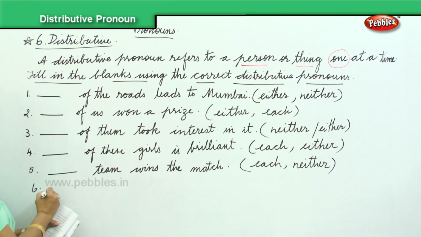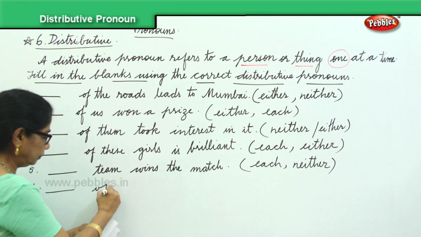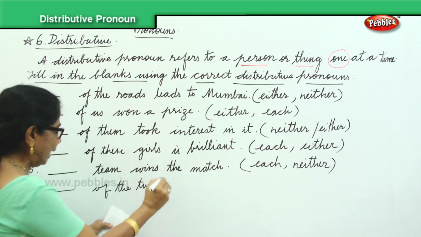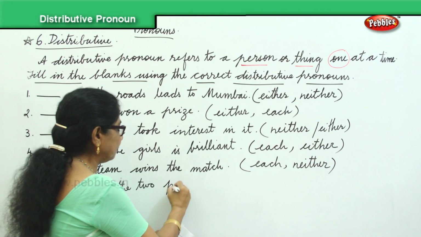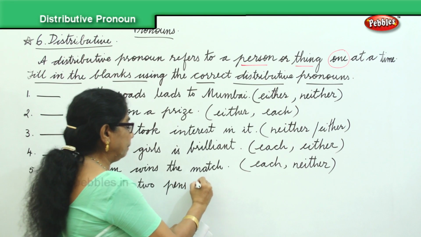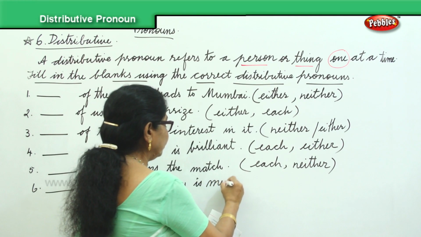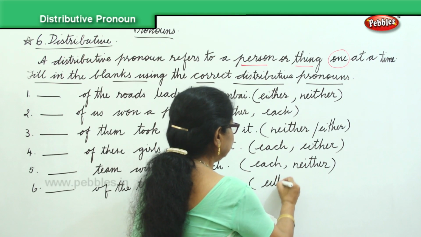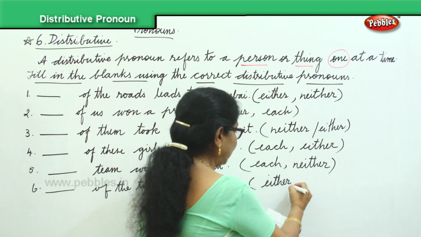Next we have dash of the 2 pens is mine. And you have words either and neither.